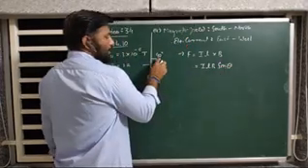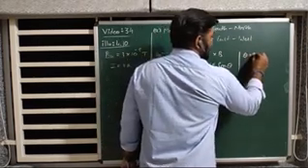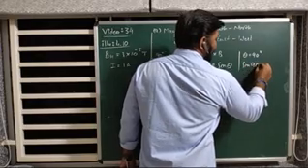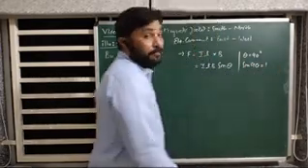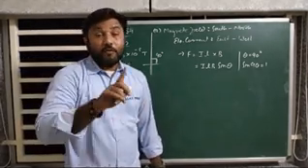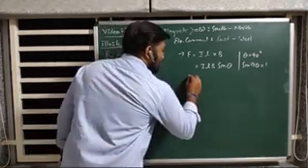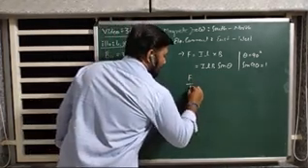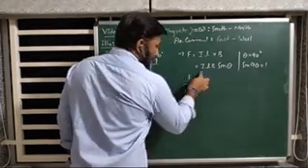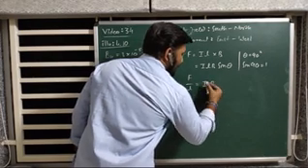Here theta is equal to 90 degree and sine 90 is 1. But check the question carefully. Force is not asked, force per unit length is asked. So take L on this side, and you will have only I B.